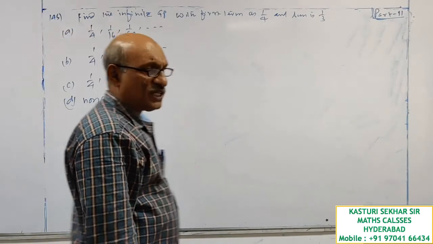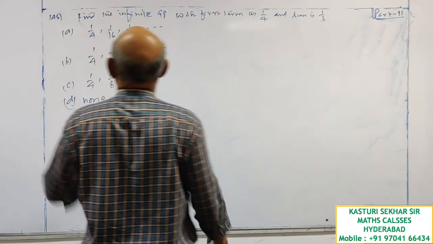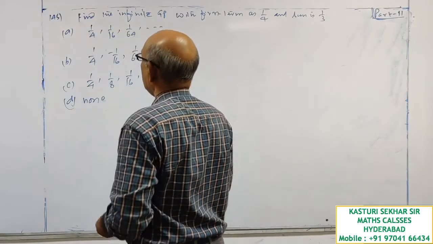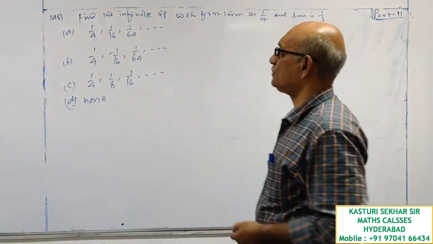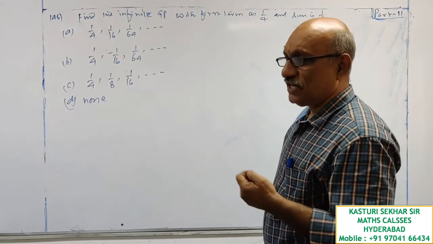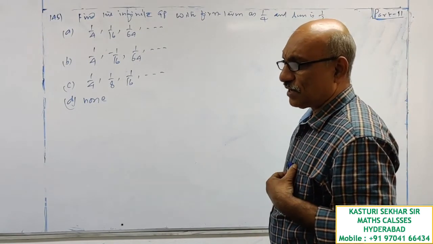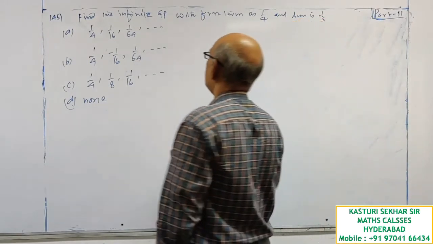Once again, both option is not there. For all these three options, first term is 1 by 4. So our decision is based on sum of infinite terms.